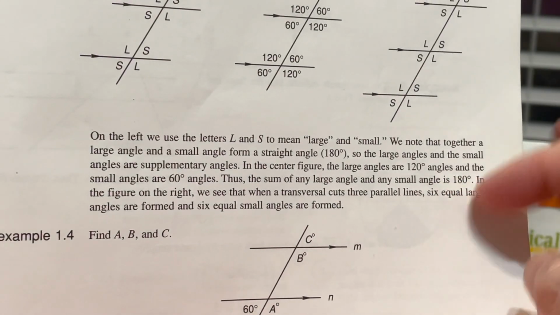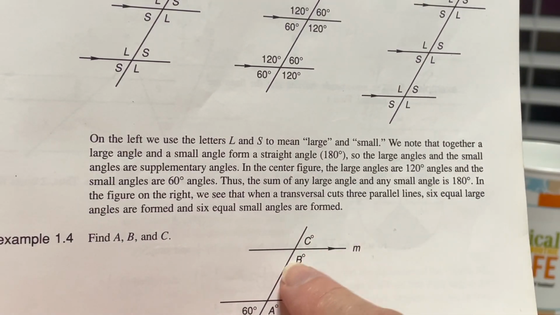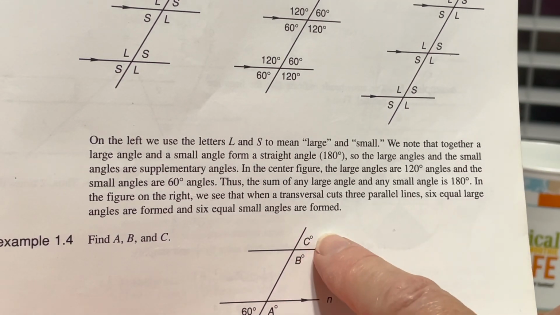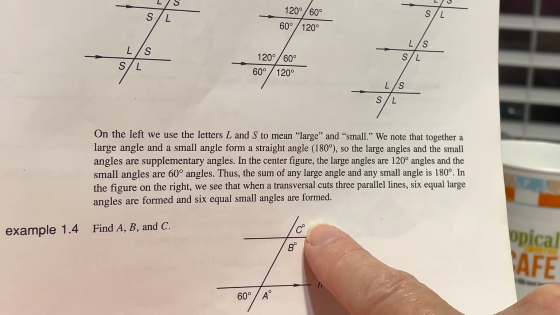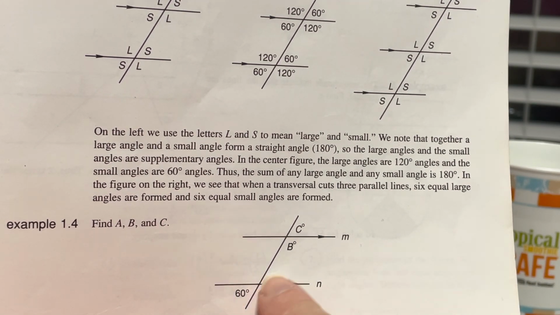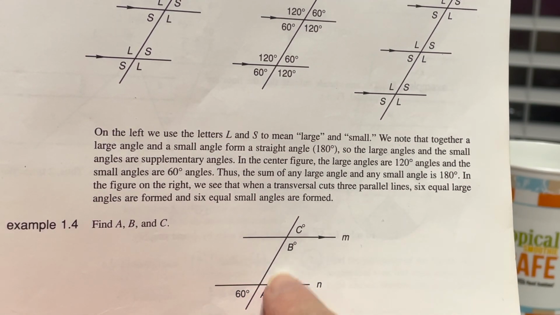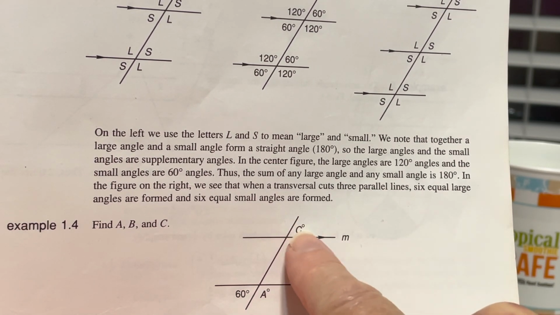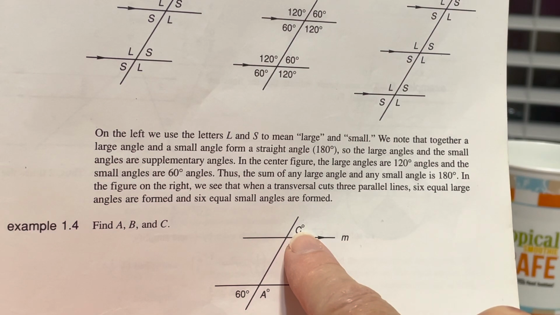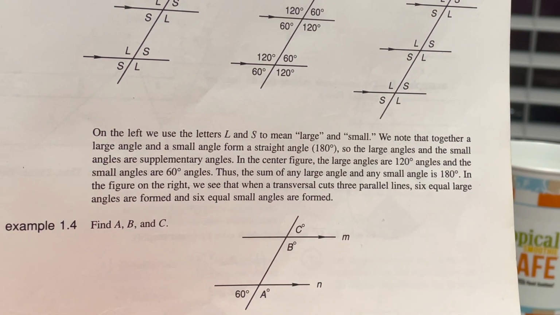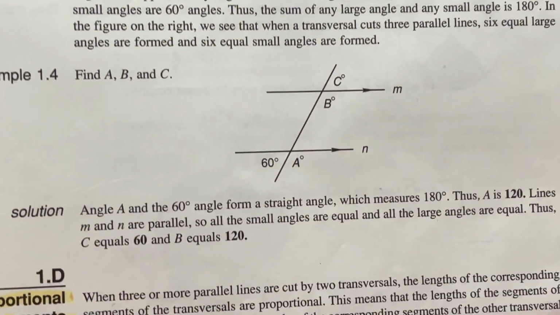And then lastly, C is supplementary with B, which is 120. So C must be 60 again. Okay, so now 60, 60, because those would be vertical. And then 60 here would be matching the 60 up there because they would be corresponding. Okay, so we only knew one, and here's the explanation here.